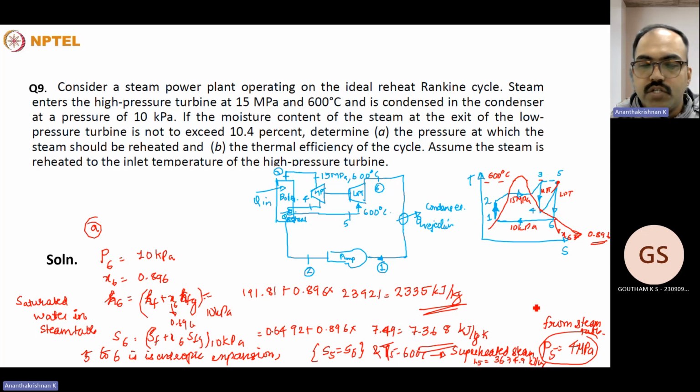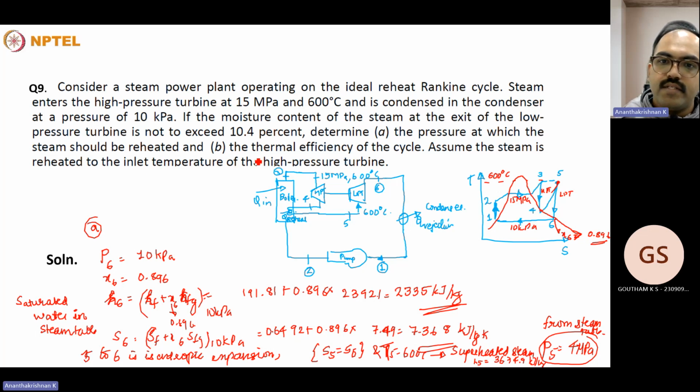So we have got two properties, temperature and the entropy, and we calculated the pressure since it's in the superheated region. From the Gibbs phase rule, the number of independent properties required to define a state point is 2, since it is in the superheated region, that is single phase. So for that we get the pressure of 4 megapascal straight away. So that is the first part.